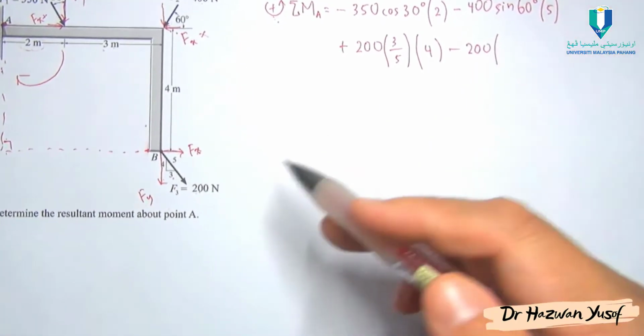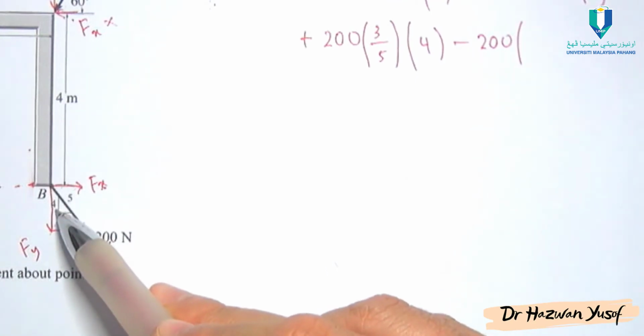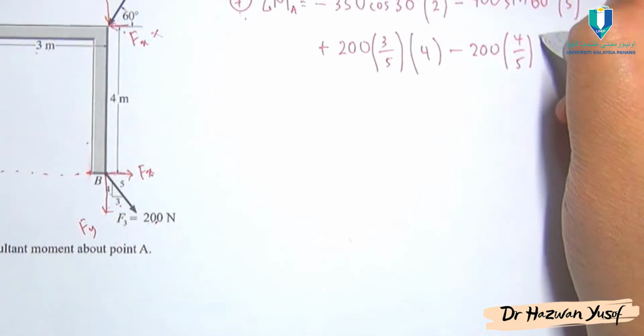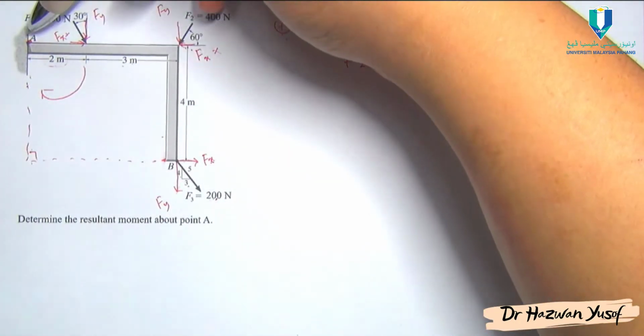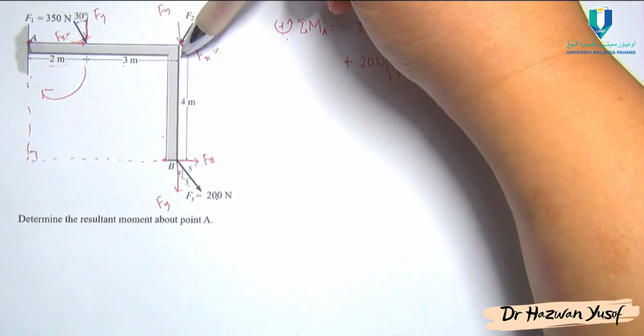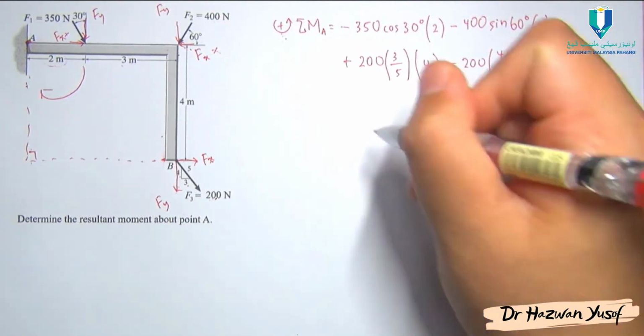200. Then if we resolve this 200 to this direction, it will be 4 over 5. And then the 90 degree distance is from here to here, therefore 2 plus 3 equals 5.